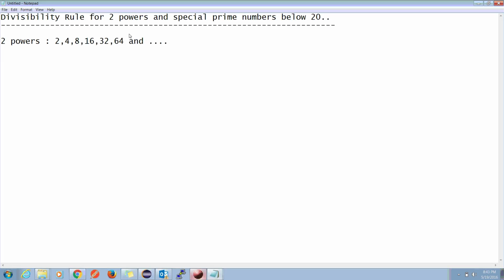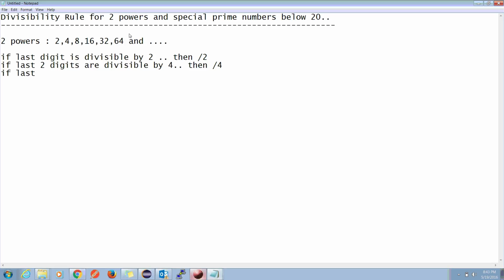So if the last digit is divisible by 2, then that number is divisible by 2. If the last 2 digits are divisible by 4, then that number is divisible by 4.